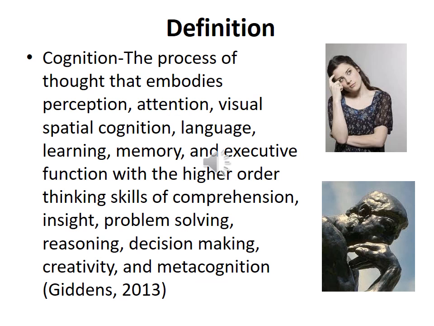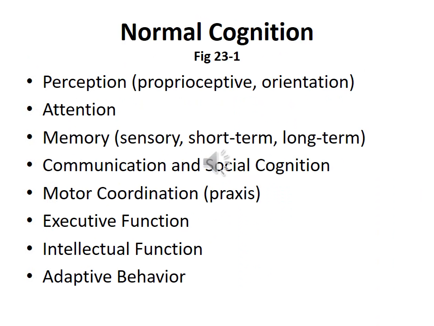These are the assessment points that we're going to be looking for when we're talking to our patients. We've got to understand how these alterations affect the patients we're taking care of. We'll talk about the risk factors and assessments later, but that's our definition.